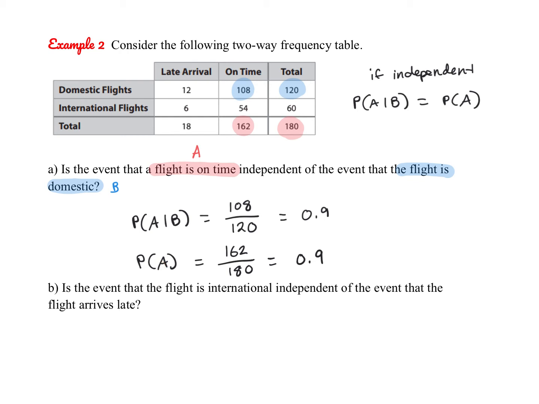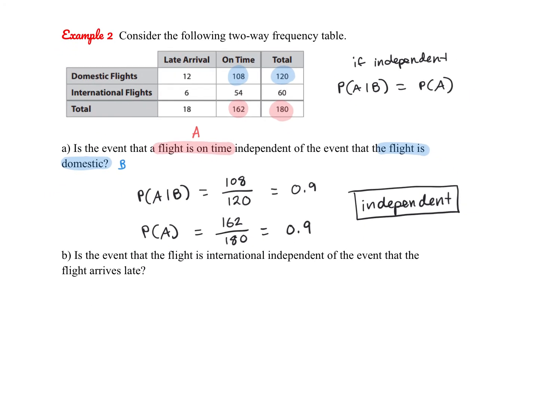So since P of A is equal to P of A given B, we can say that these two events are independent. So you can see that the condition of the flight being domestic had no effect on the flight being on time. Now let's look at part B.